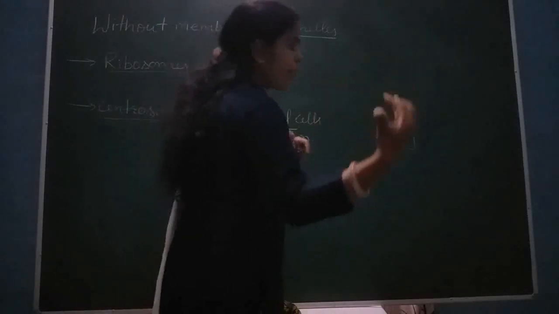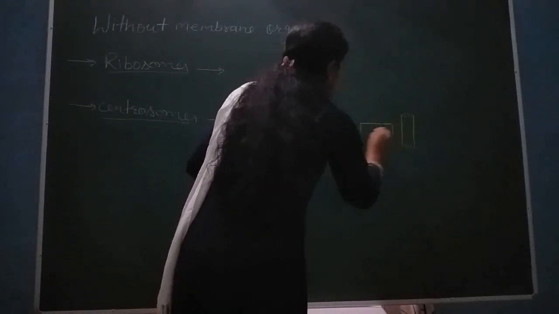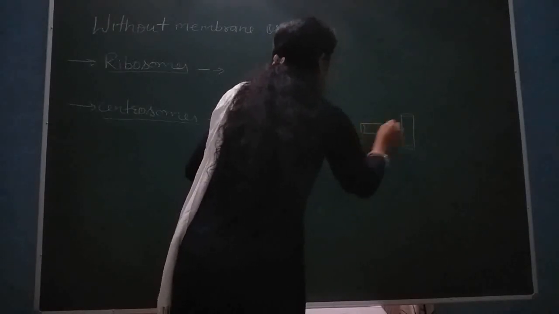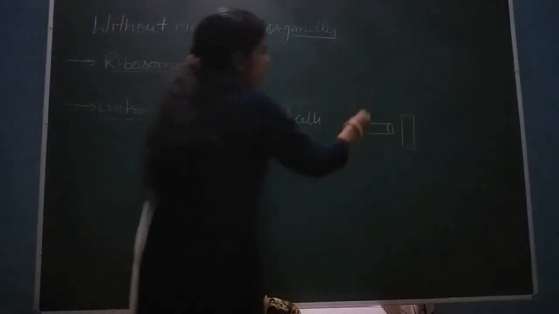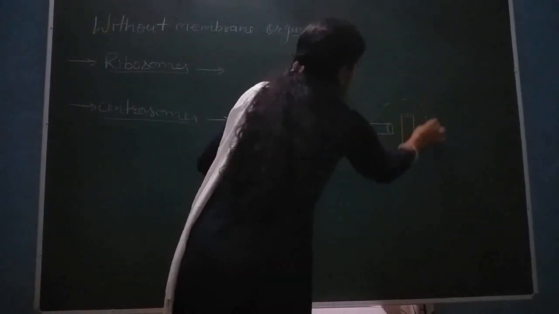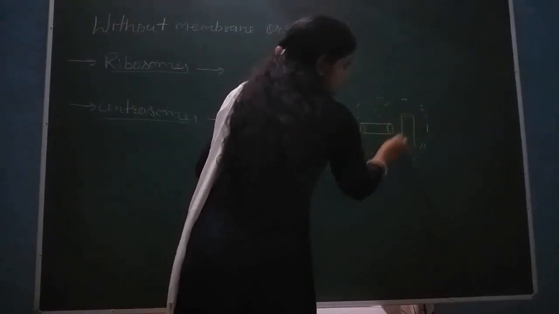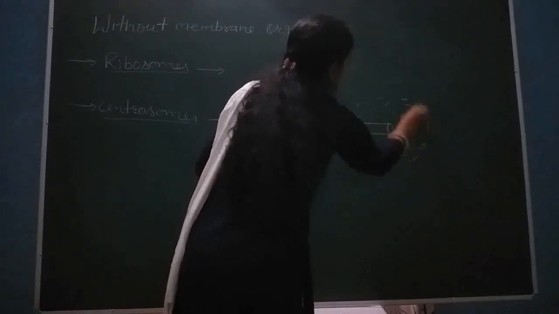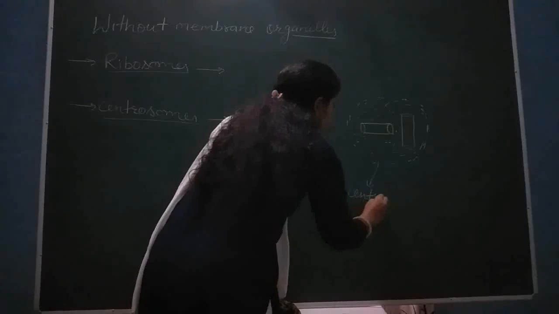This centriole has a membrane, but these two centrioles, which are arranged perpendicular to each other, are also surrounded by dense cytoplasm. This complete structure, two centrioles along with the dense cytoplasm, is called the centrosome.